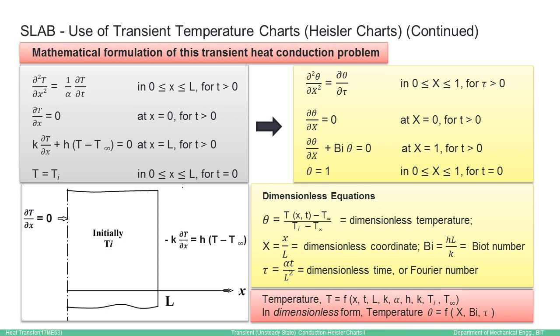So both numerator and denominator in theta become the same, so theta will be equal to 1, and this is the initial condition at time t equal to 0, applicable for the whole solid.